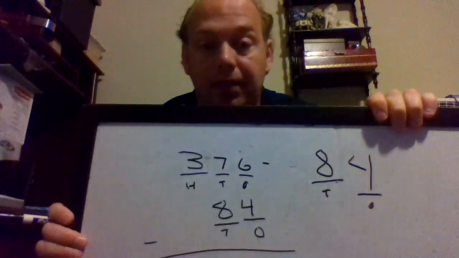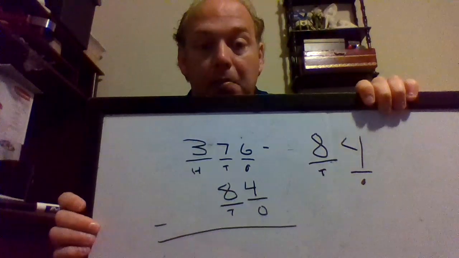So the T is lined up with the other T, which is an 8. And we can label it T if you'd like. And then the 4 is lined up with the other one, which is a 6. We can label that O. Now we're all lined up nice and pretty. Just like this. 376 minus 84.